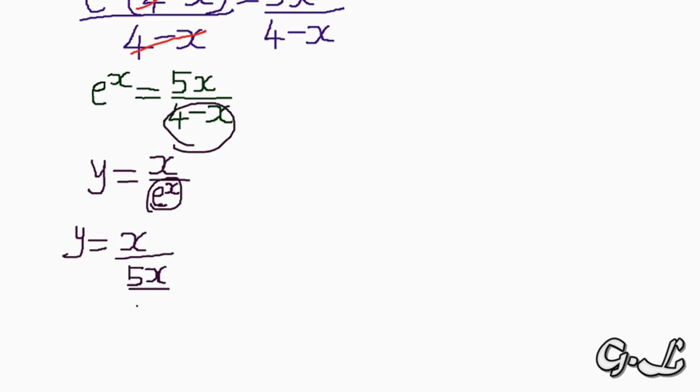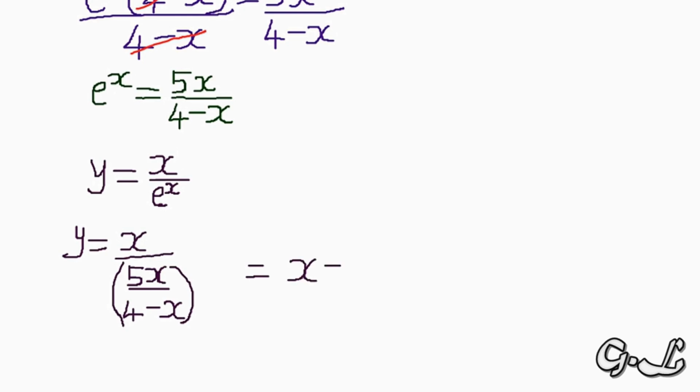So we have x over 5x over 4 minus x. You need to understand this one, that when there is an over sign, it simply means division. So it will be x divided by 5x over 4 minus x.